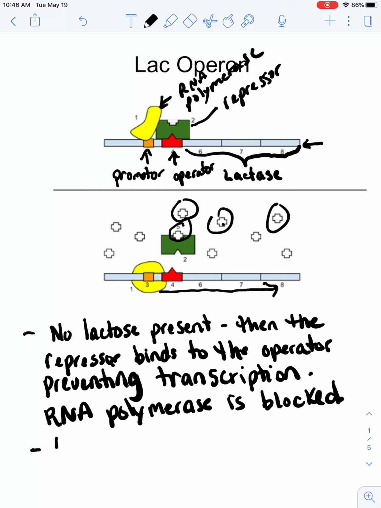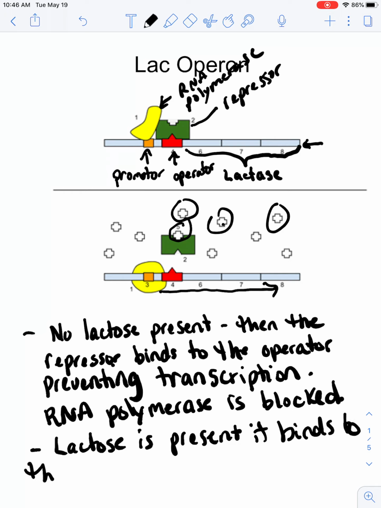So when lactose is present, it binds to the repressor, changing its shape.